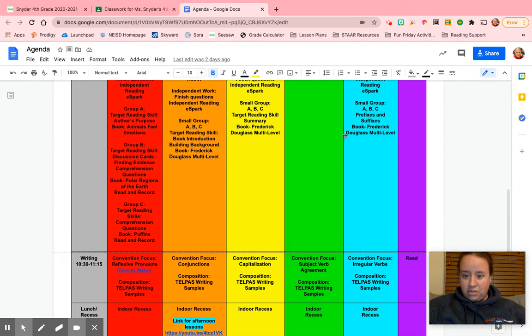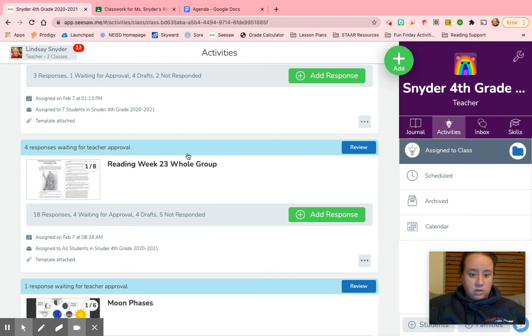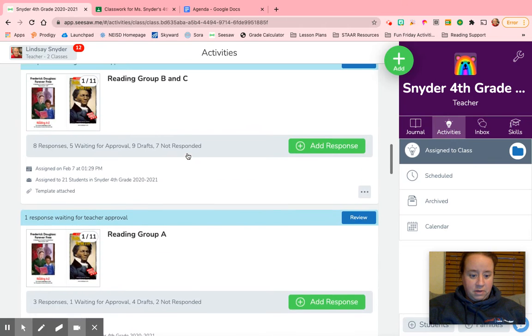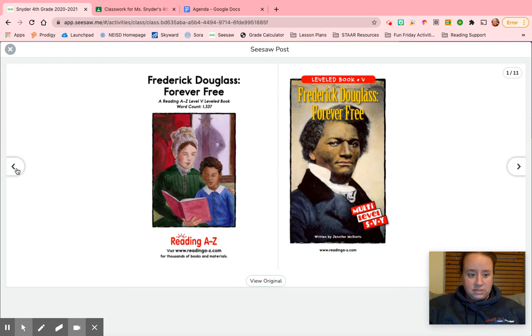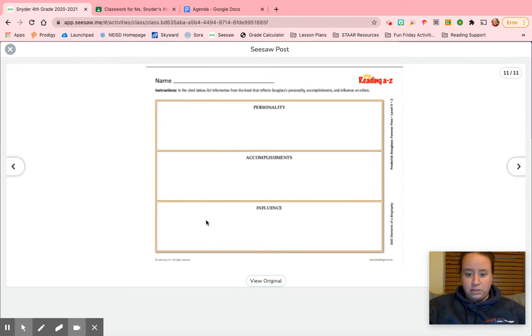So there was time given at the end also to go over and finish the Frederick Douglass book. All groups had a book about him. Group A, you had one on your level, and Group B and C, you had one on y'all's level. When you're going through here, the part that we didn't go over yet was this last page.